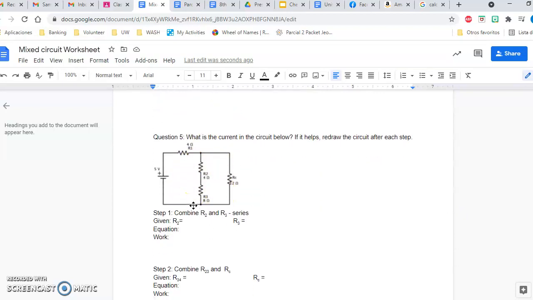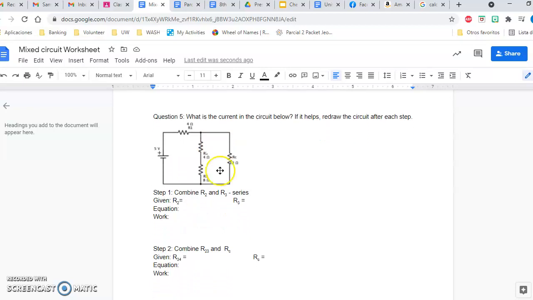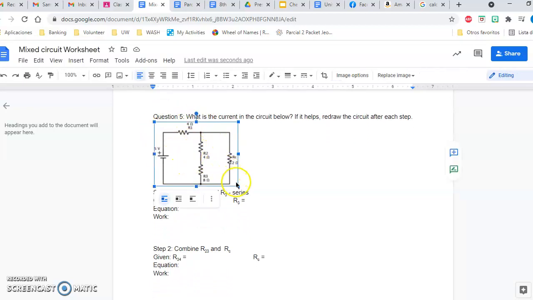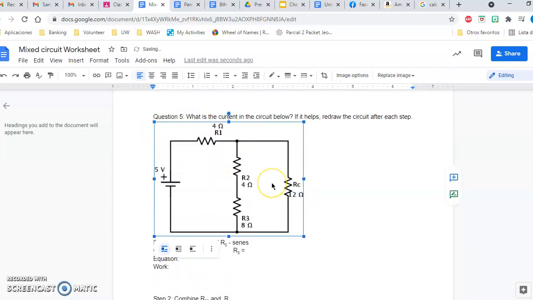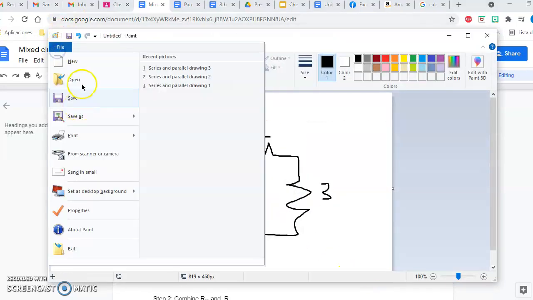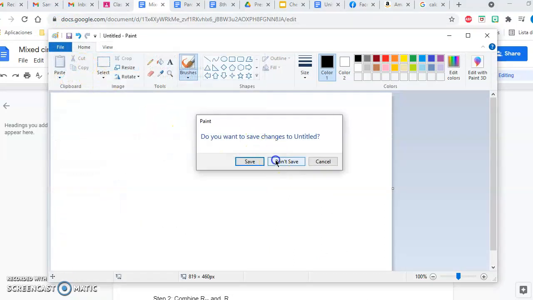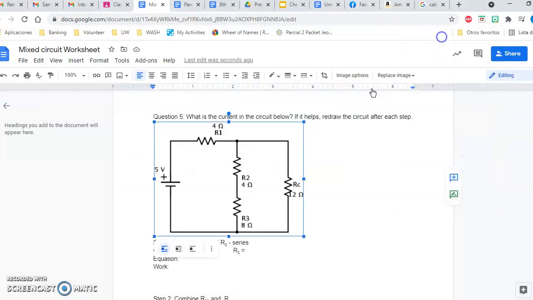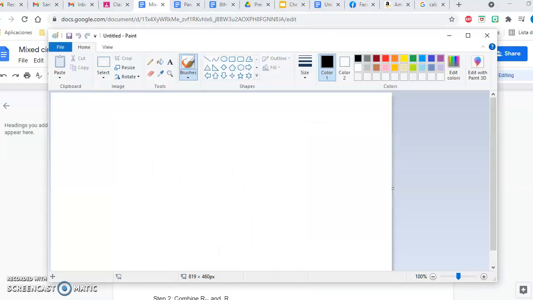Now let's look at this one. This one is a little bit different. Question 5 is a little different. So we have a circuit that looks like this. I'm going to make it a little bit bigger right now so that we can see it. We have a resistor here, and then our current can go either down this one or down this one. So our first step, what we want to do is try to combine resistors 2 and 3 so that we make it like a parallel circuit again.